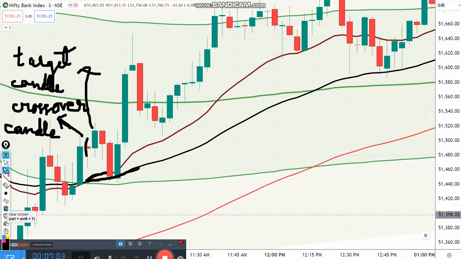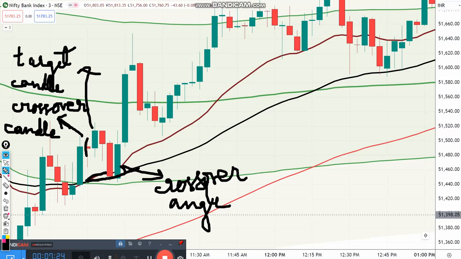Crossover candle and the target candle. So here, this candle connected the 21 and 50 MA, and there is a crossover angle between the 21 EMA and 50 MA, which is fairly a good angle.